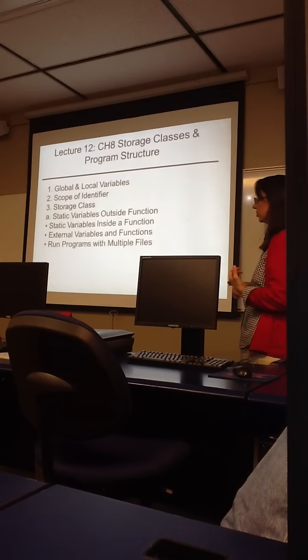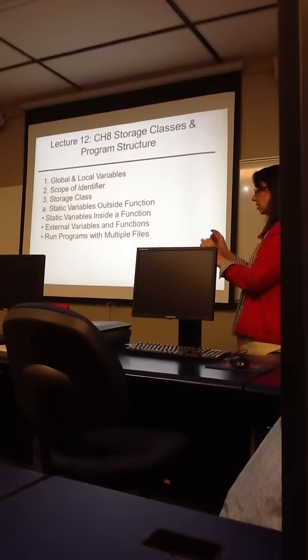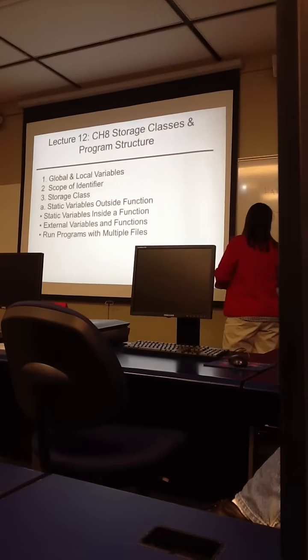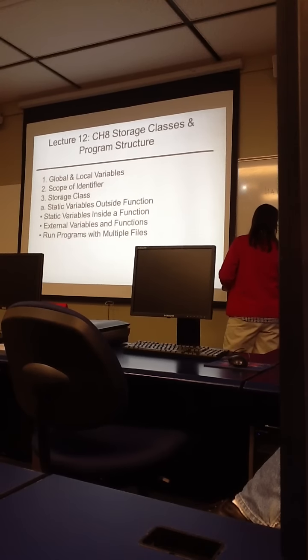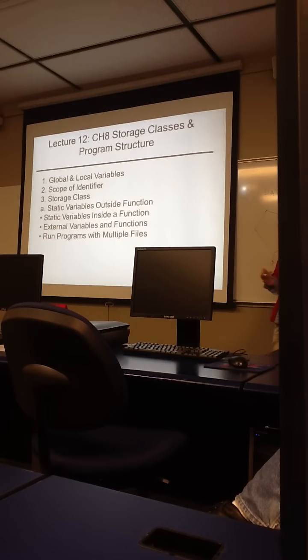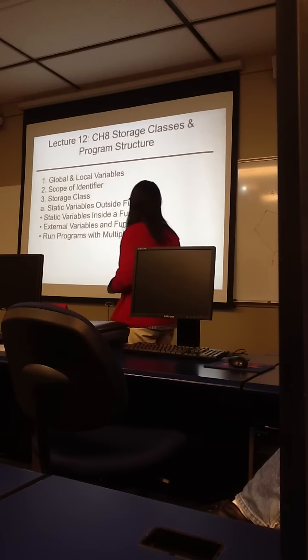Those are the difference between global and local variables. Each variable is going to have a scope. Is it within just the little block of code that we set aside with our brackets, or is it the whole program, or just the file, etc. So scopes of variables are identified, and then how those are stored in memory.